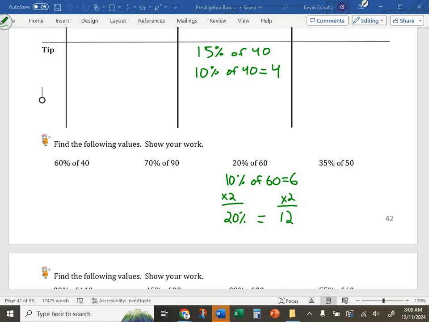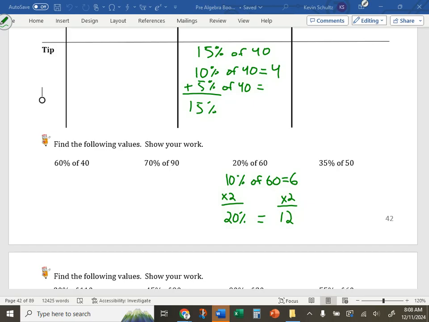We want 15%. If we double 10%, that gives us 20. That's too much, so we can't really use multiplication here. But what we can do is say, okay, 10% plus 5% is how much? 15%. So in this case, we're adding 5%, which means we have to figure out what 5% of 40 is.